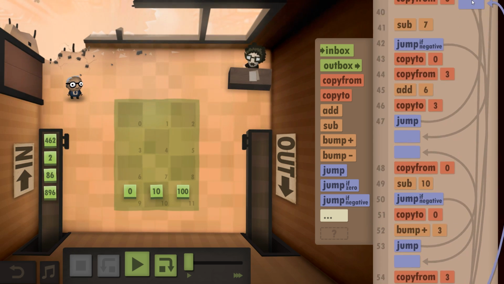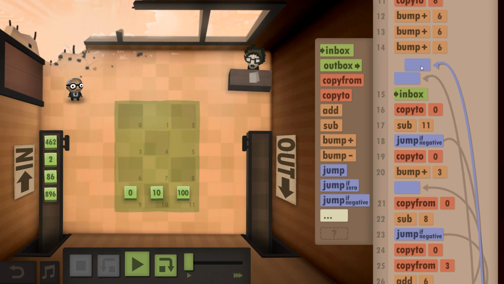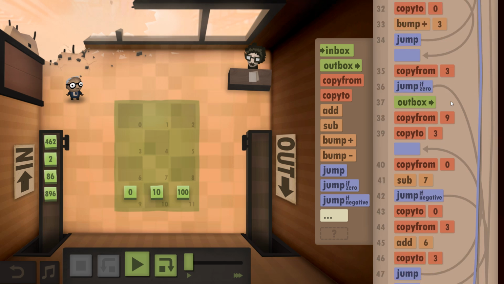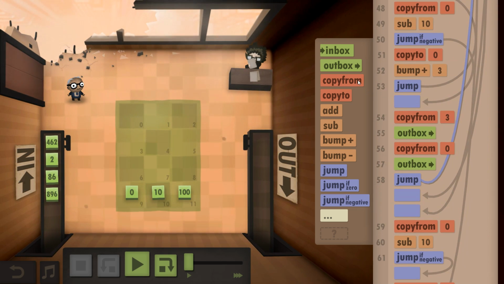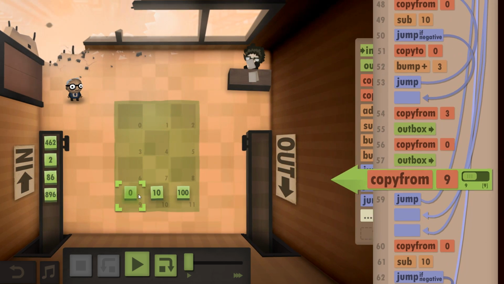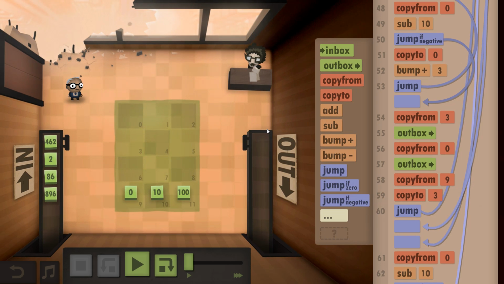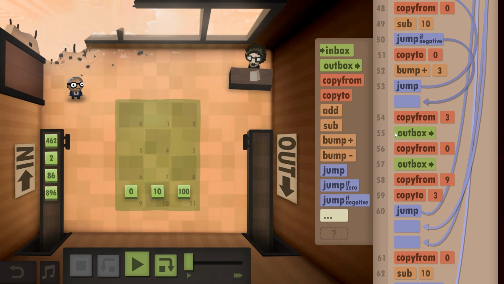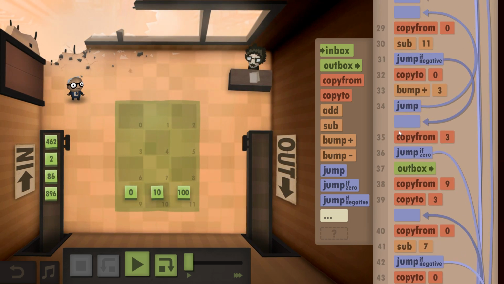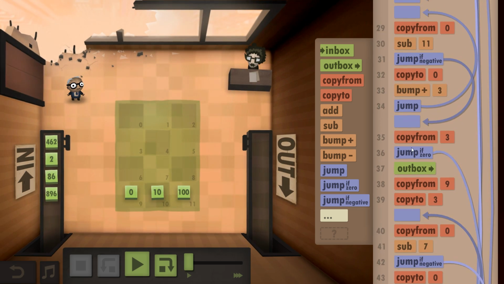And go back up here. I need to reset the counter. That should be good. That's the other case here.